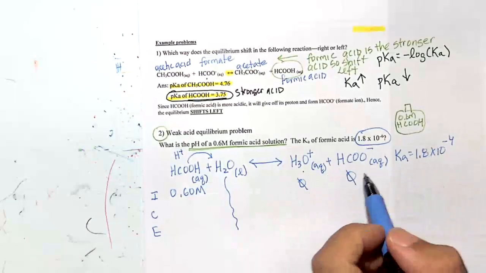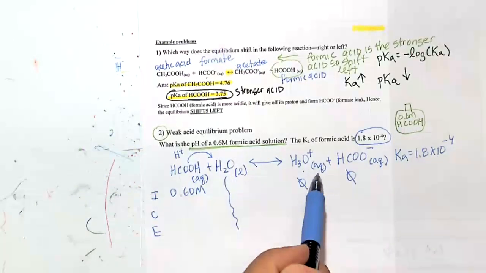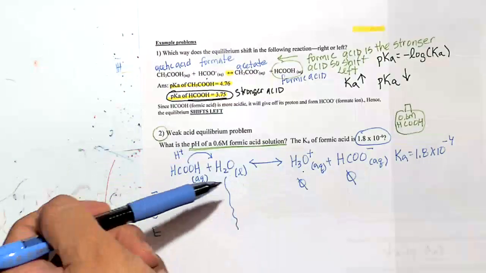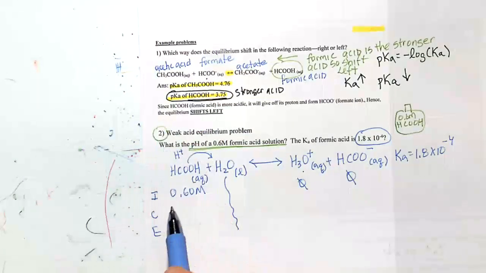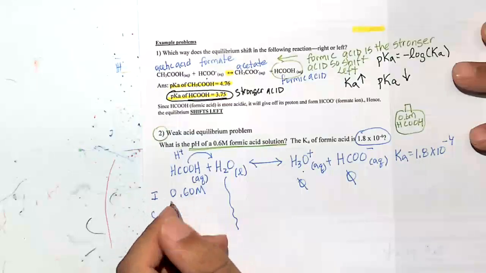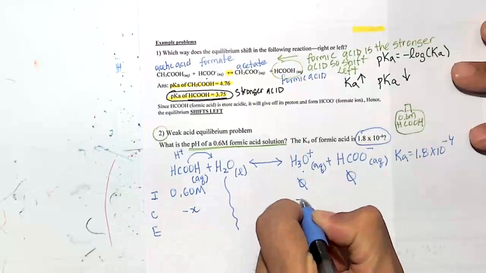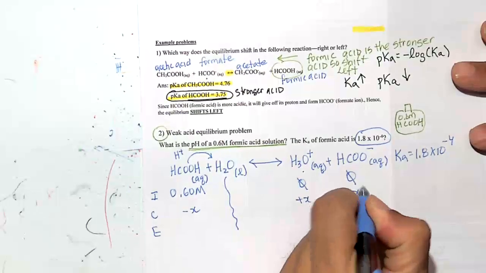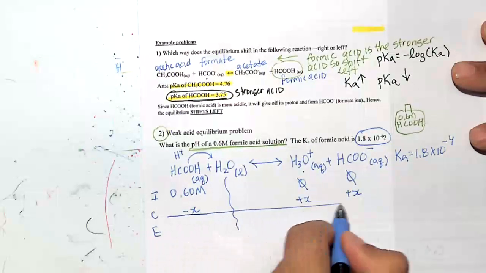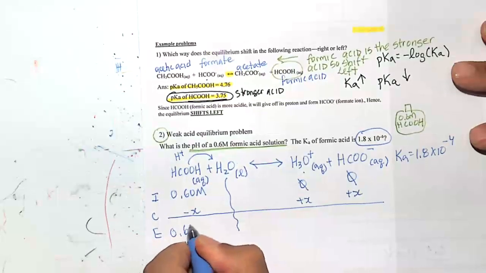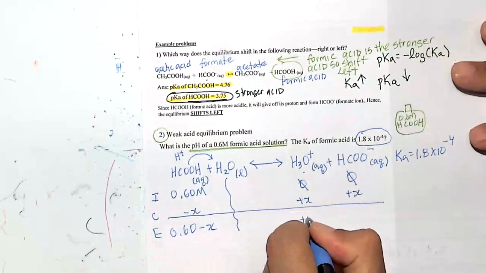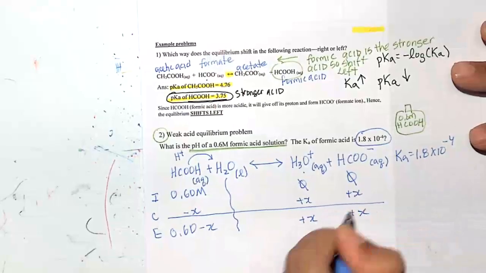As Susanna mentioned, this bottle will contain a little bit of products from this reaction in the solvent of water. So we want to figure that out. Some of it will go this way: minus x, plus x, plus x. So this is 0.60 minus x, plus x, plus x.